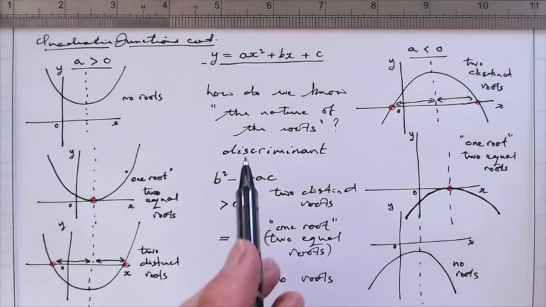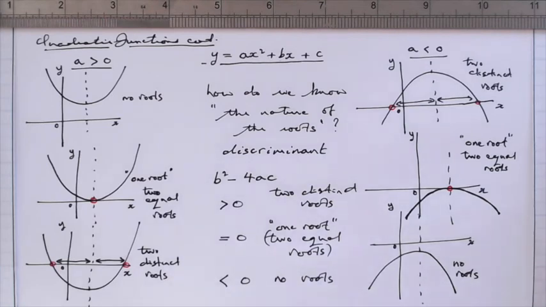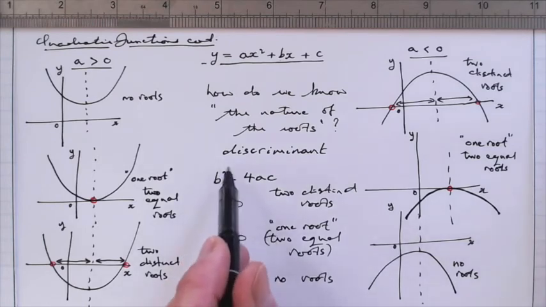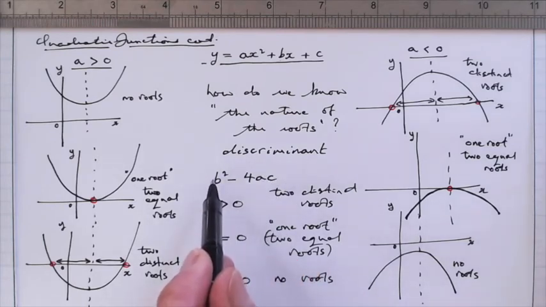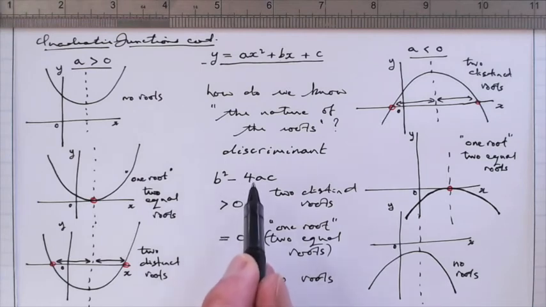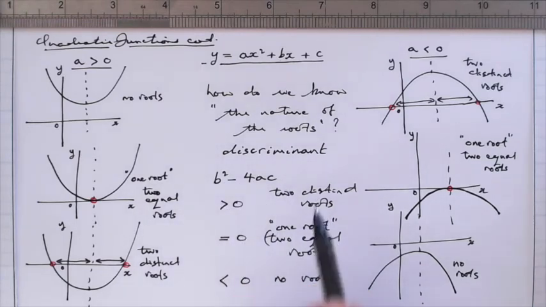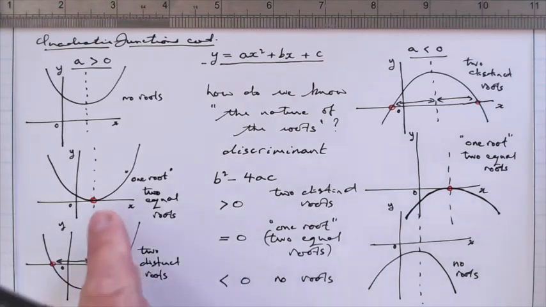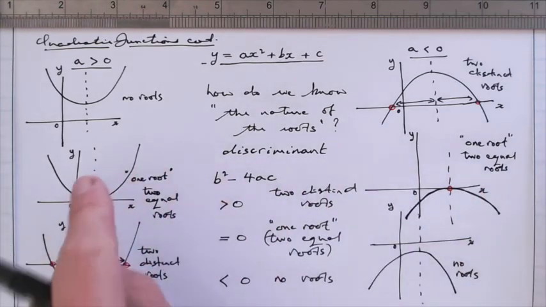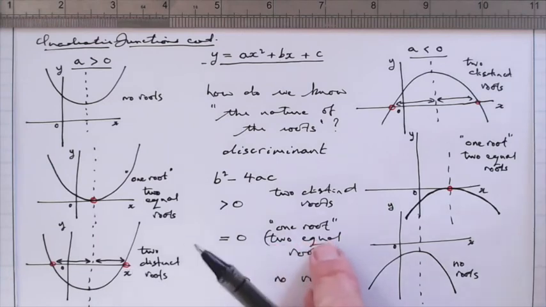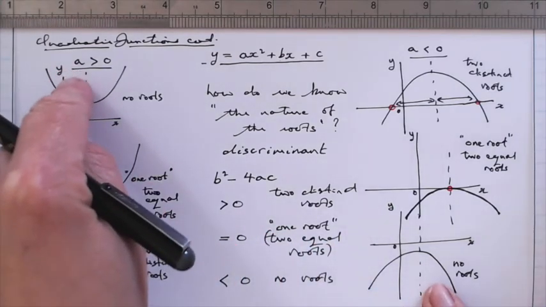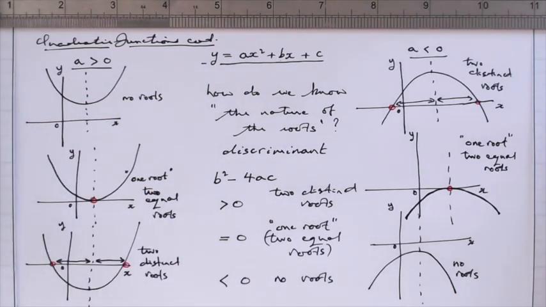But what you do need to know is that if you're asked about the nature of the roots, do they exist, how many, and so on, you need to look at the combination b squared minus 4ac, and if it's positive, you have two distinct roots. If it's 0, you have these cases of there being one root or two equal roots. If it's negative, you have these cases here of no roots.